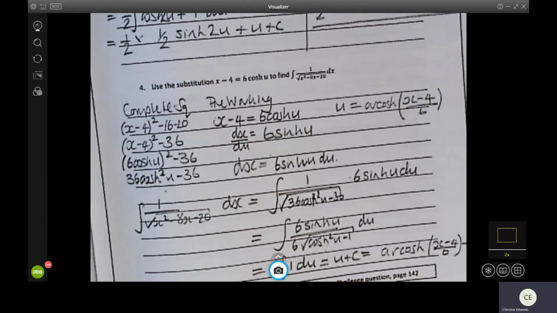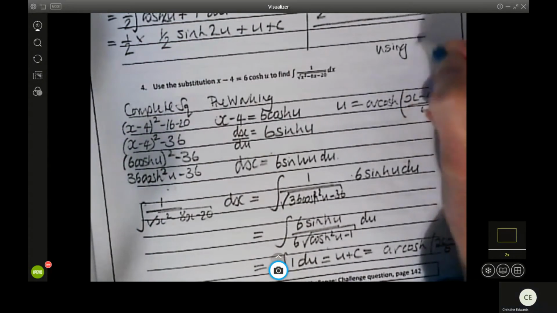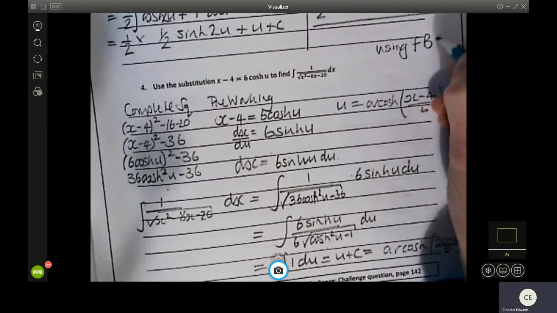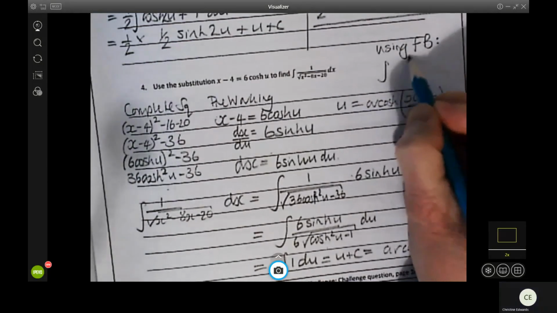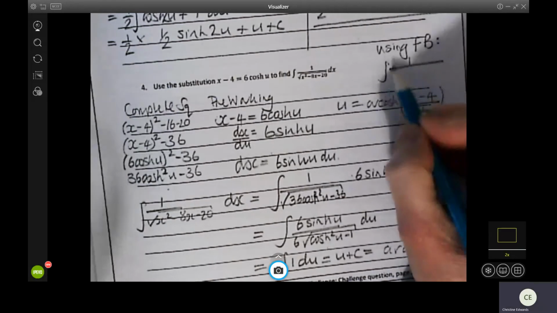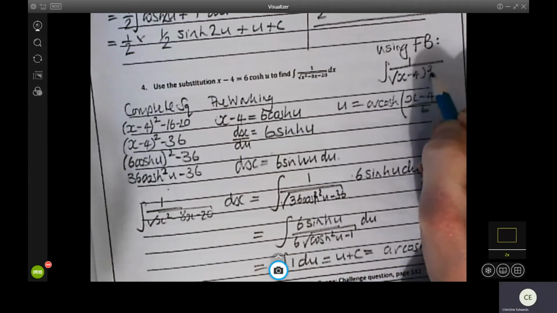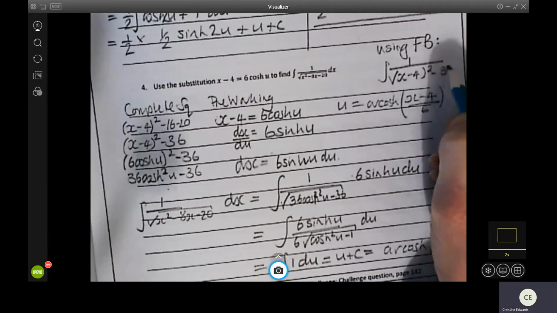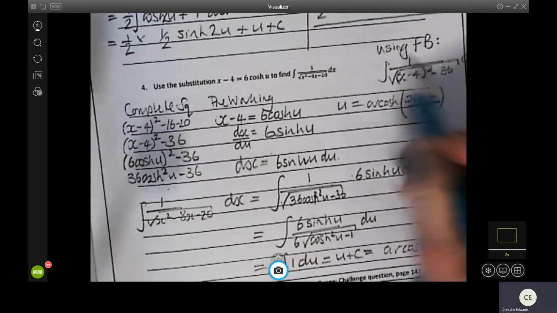A reminder that I could, of course, have done it directly using the results from the formula book by completing the square and writing it in a suitable format, so we could have thought of the integration as 1 over the square root of x minus 4 all squared minus 36 dx, and use the formula book.